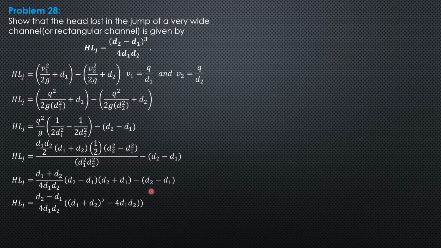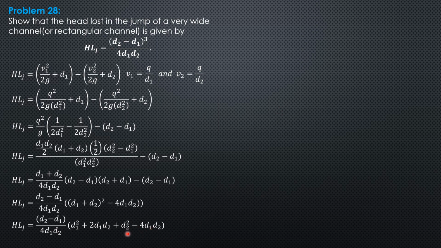If you distribute, that will give us the same result, depth 2 minus depth 1 for the second term. Then let's expand inside here. Head loss in the jump is depth 2 minus depth 1 over 4 depth 1 depth 2, times the quantity depth 1 squared plus 2 depth 1 depth 2 plus depth 2 squared, minus 4 depth 1 depth 2.